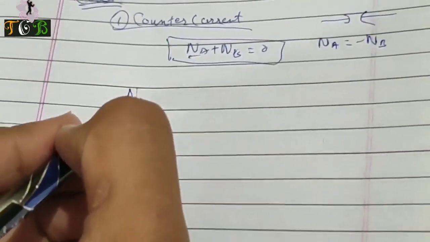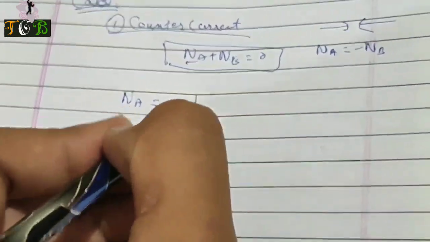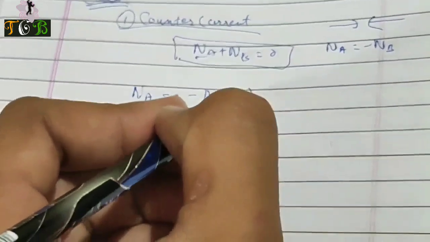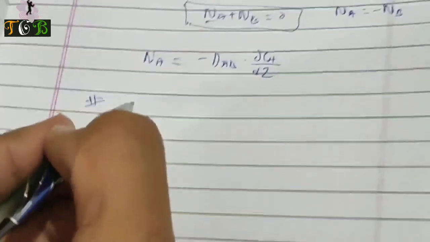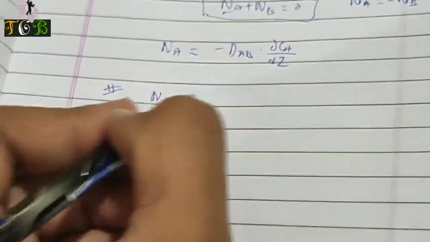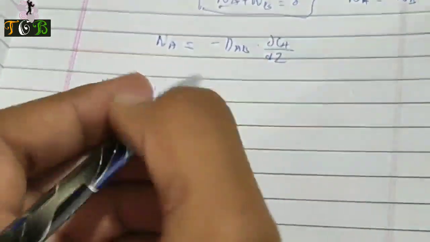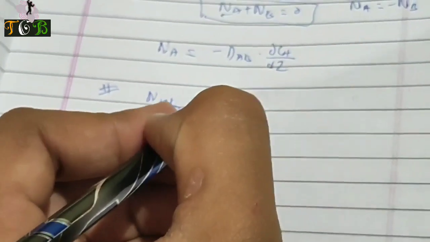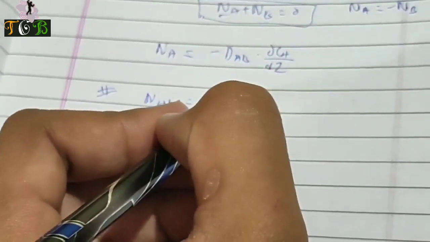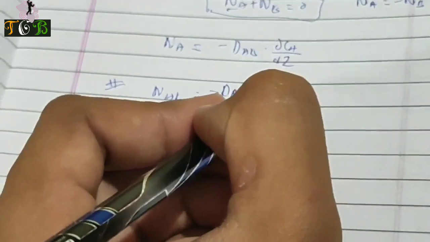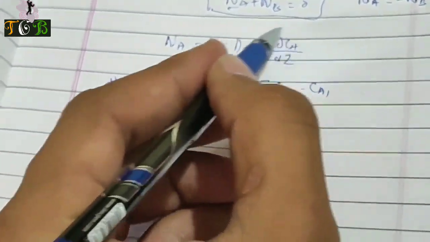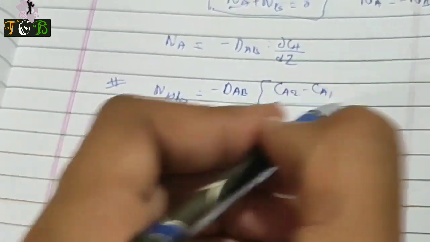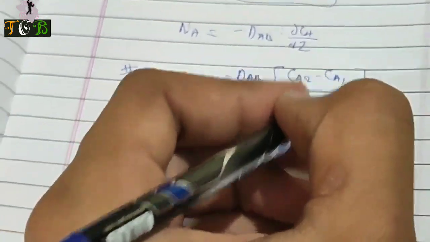You have to remember it like this: Na will be equal to minus Dab into dCa by dz, and the first formula you will get here is Na equals, just integrate. So what you will get is Dab into minus (Ca2 minus Ca1), because the difference will be 2 minus 1, upon dz.